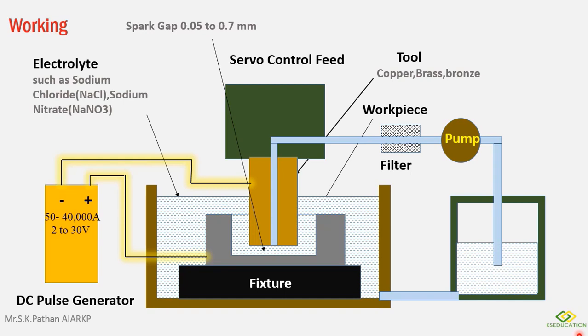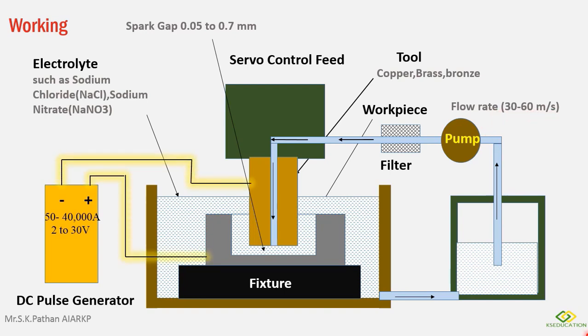As I told you in the previous slide, there is a flowing electrolyte, and this electrolyte flows because of this recirculating system. It contains a pump, a filter, and the flow rate of this electrolyte is 30 to 60 meter per second.